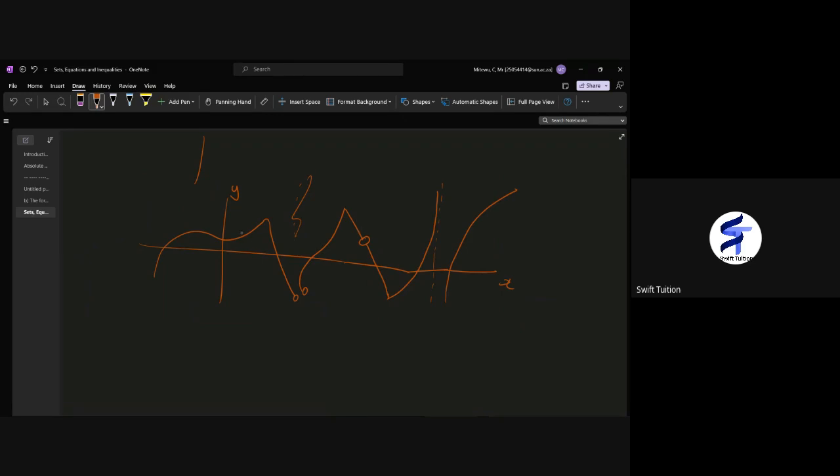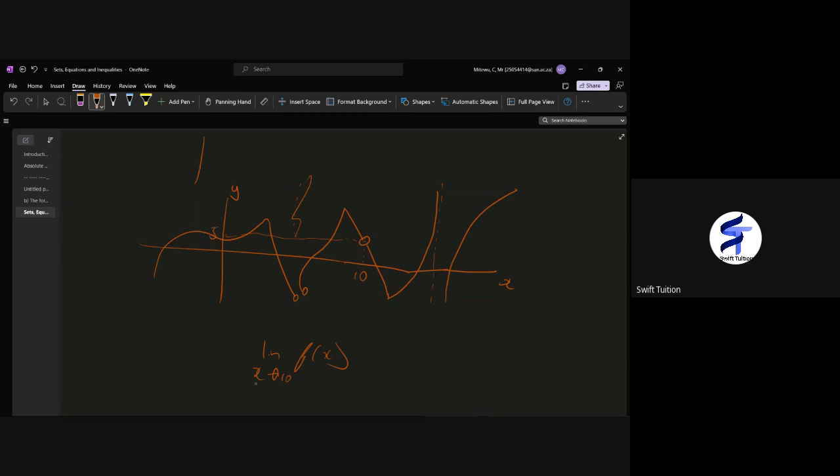Let's say we're approaching this x value, equal to 10, and I'm asking for the limit as x approaches 10 for this function, which I'll call f of x. It's a piecewise function, made up of pieces of other functions. You see that this is equal to 5 over here.